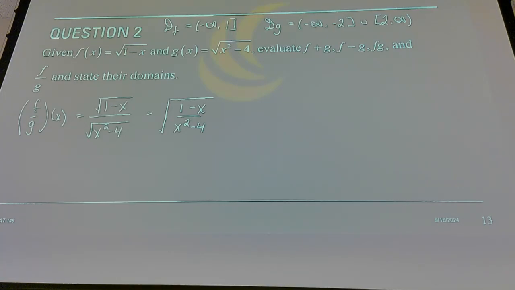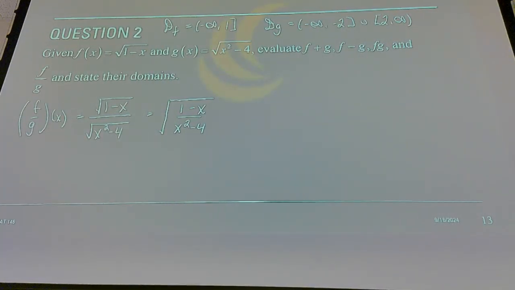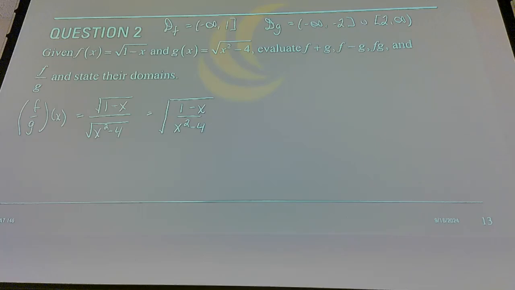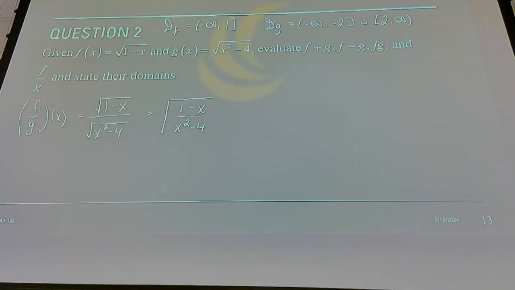It depends. In this case, I'd say that is definitely the simpler form than rationalizing it. There are times where rationalizing it might actually give you a simpler term. So I'm just going to leave it like that. Don't have to rationalize it. In general, this is how you would keep it in applications, like in my physics courses.